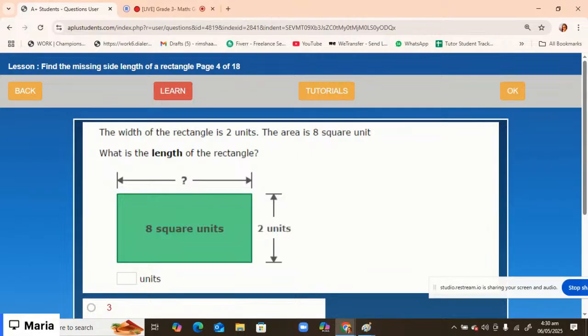Okay. Solve this question. The width of the rectangle is 2 units. The area is 8 square units. So what is the length of the rectangle? So 2 times which number is 8?